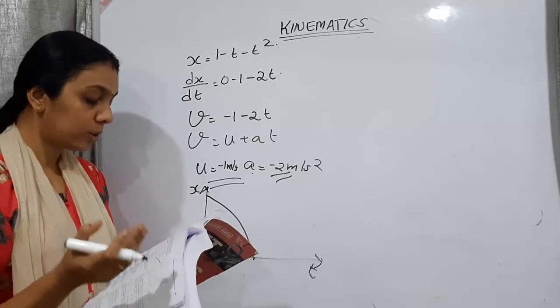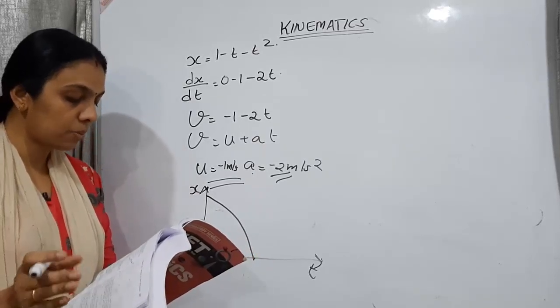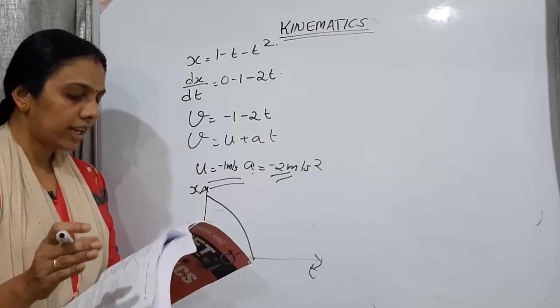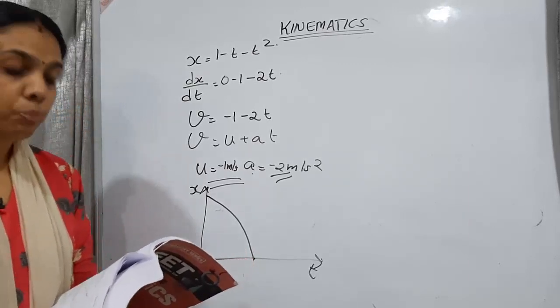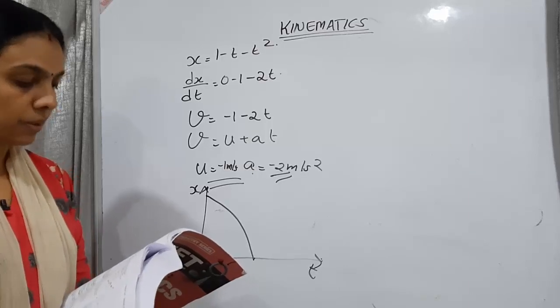Then PQ equals 30 meter, time of flight of stone equals 3 seconds, both A and B are correct, or both A and B are wrong. So we need to find PQ and the time, then only we can find the answer from the options.